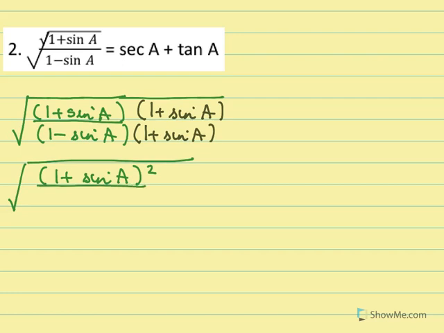In the denominator, this is a minus b times a plus b, which is a square minus b square.